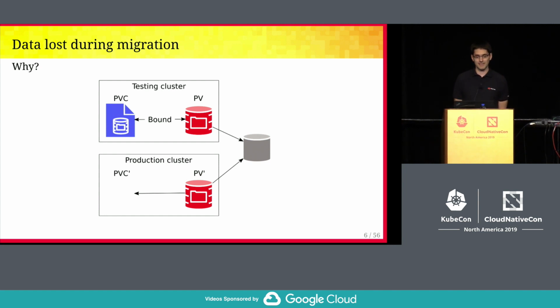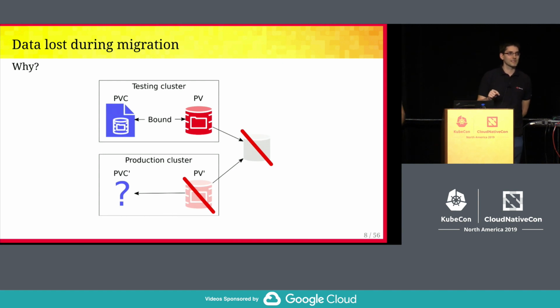They didn't restore it yet. So what Kubernetes does to volumes that are bound to a claim that doesn't exist is it executes the reclaim policy. So in this case, the reclaim policy was delete, and Kubernetes deleted the data.